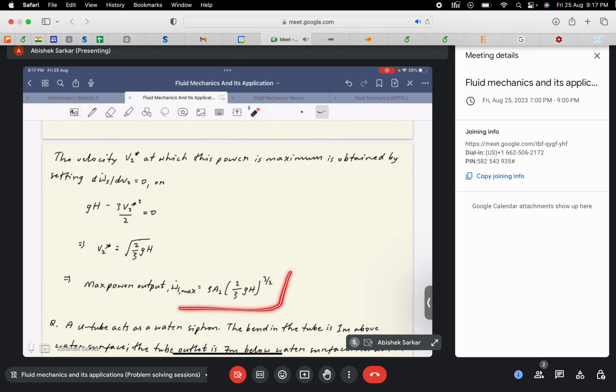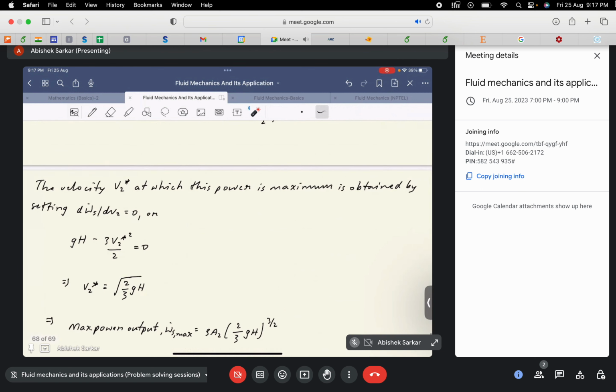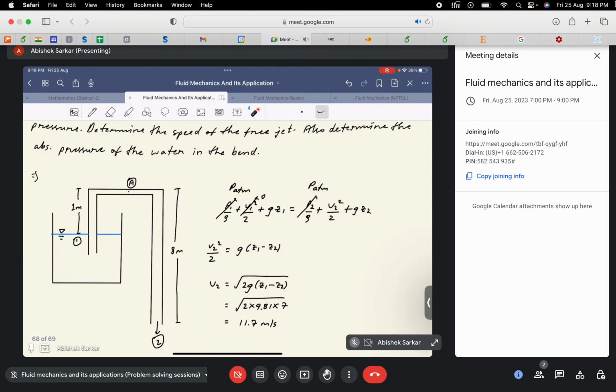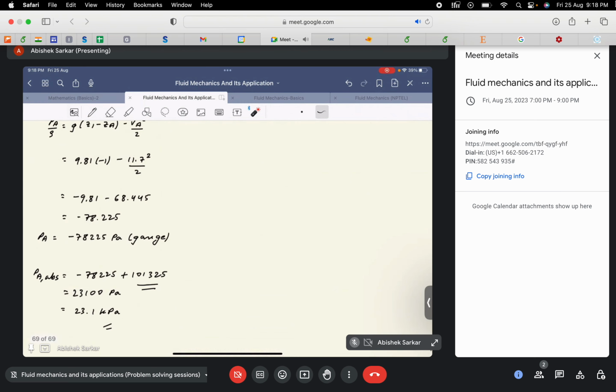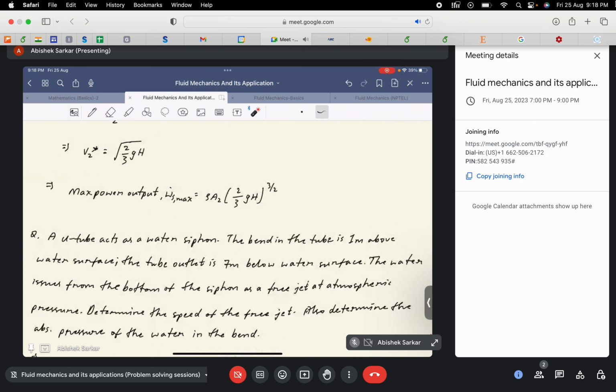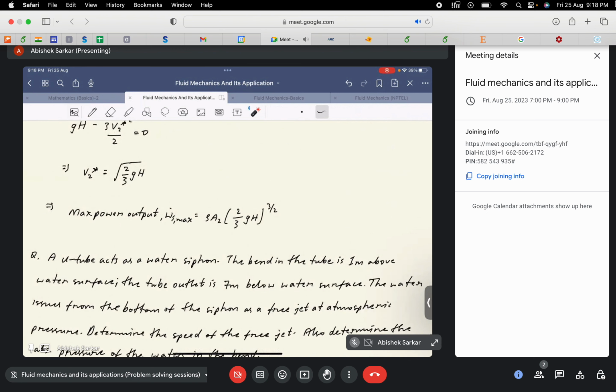So this is the maximum power that can be obtained in the case of a turbine. So this is done. There are some more problems that could have been discussed, but these are some of the problems for the basic application of Bernoulli's equation.